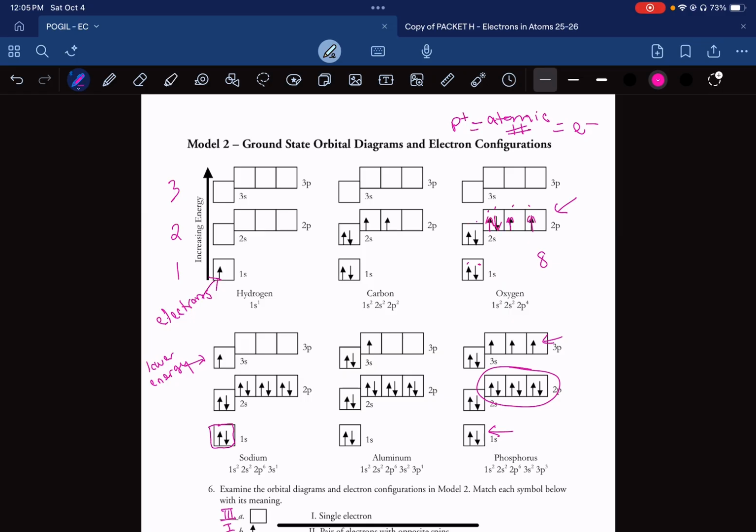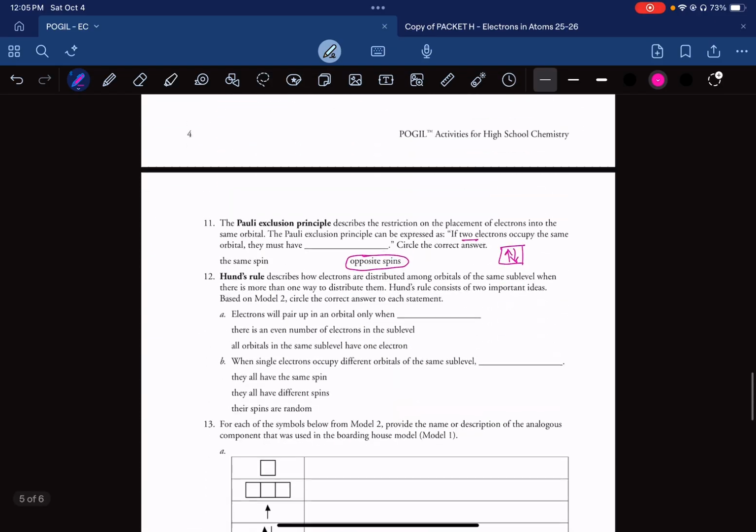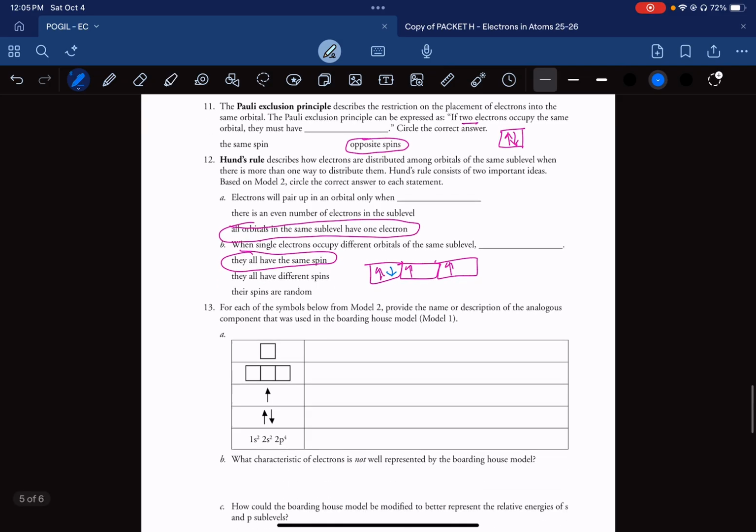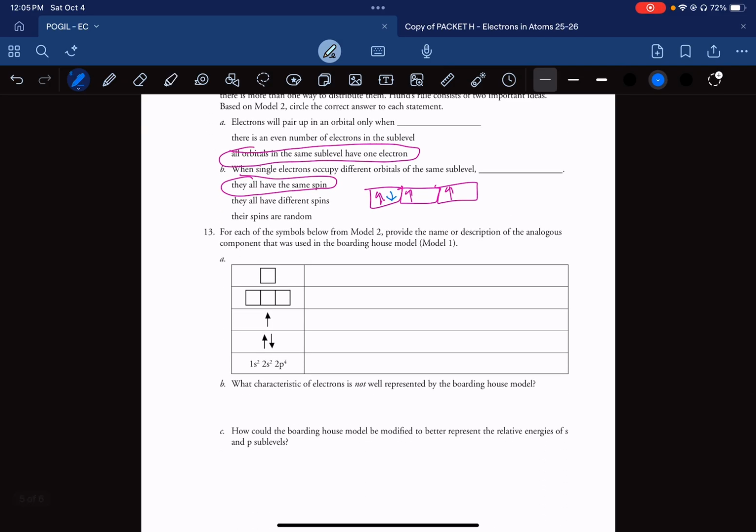It wants us to describe how we know that the 3s is lower. In this particular case, the 3s is lower energy. It appears as though it's lower energy, looking at the model, because it's placed below the 3p level.